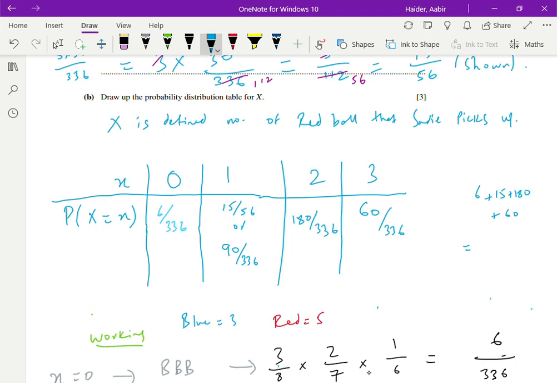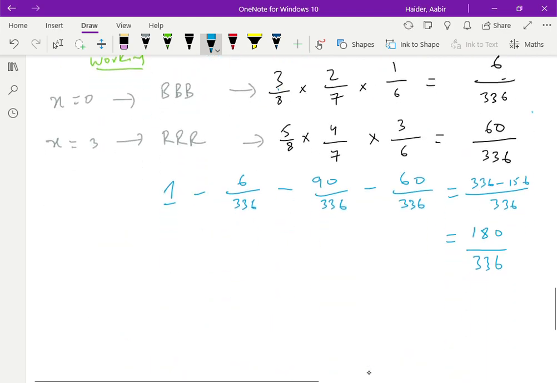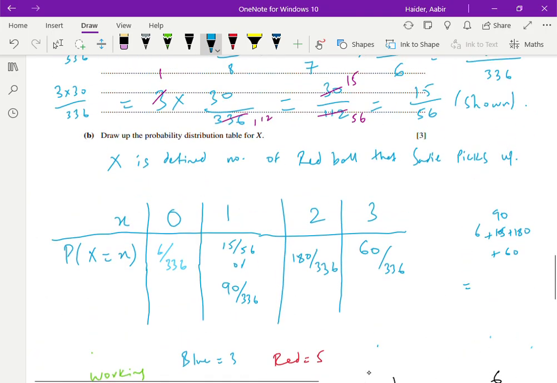We used this complement formula for probability. We subtracted from 1, and to find the probability that x equals 2, we use this shortcut, rather than different scenarios of 2, and came up with this particular answer. Okay, now we have the probability distribution table.